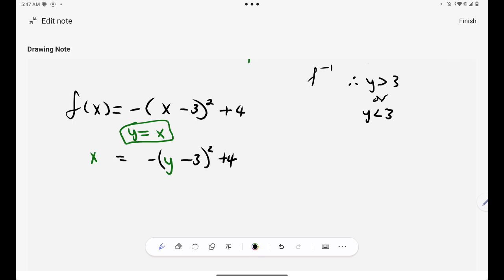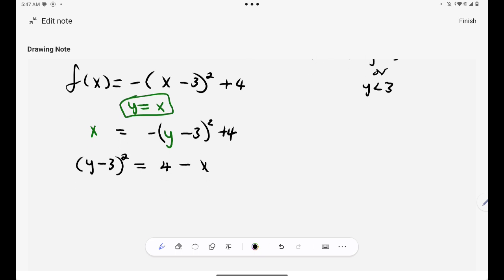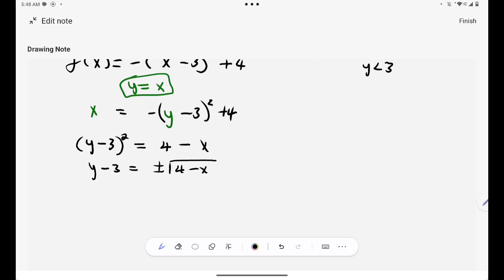And then if I take this bracket to the other side, it will be positive (y minus 3) all squared is equal to 4 minus x. And then I can take the square root both sides. I'll have y minus 3 is equal to plus or minus the square root of 4 minus x.